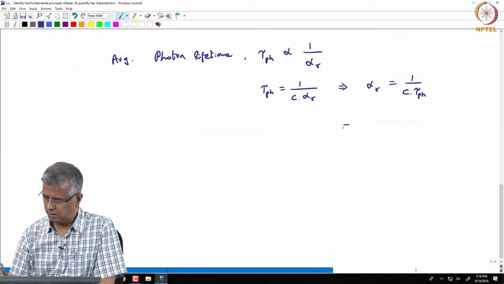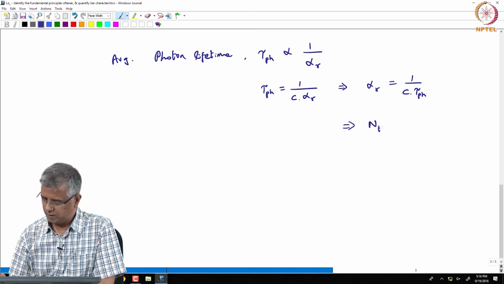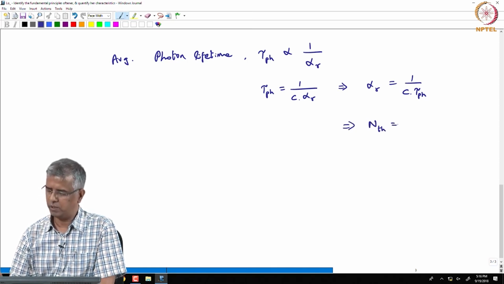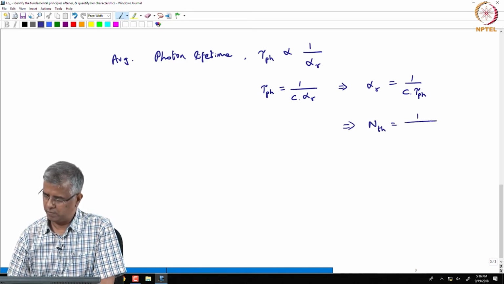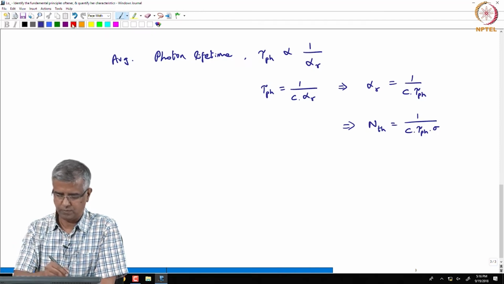So, this implies that the threshold inversion is going to be given by 1 over c times tau photon multiplied by sigma.